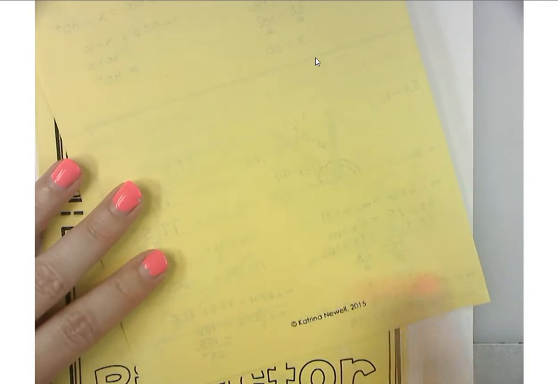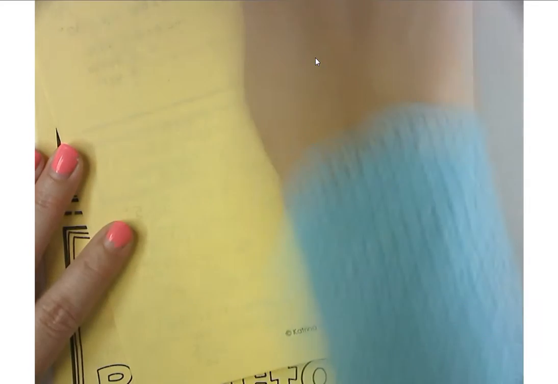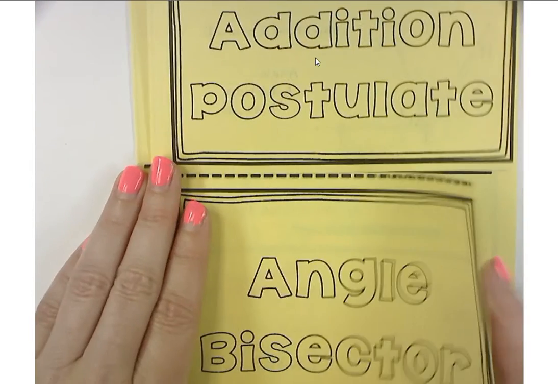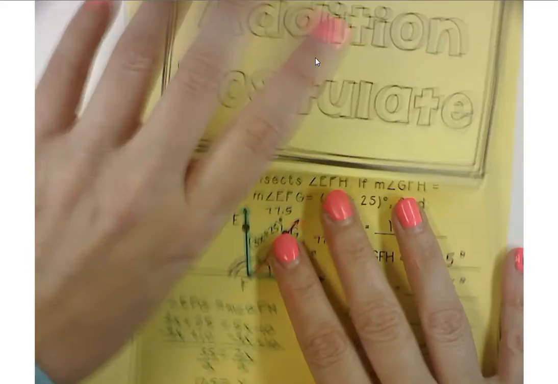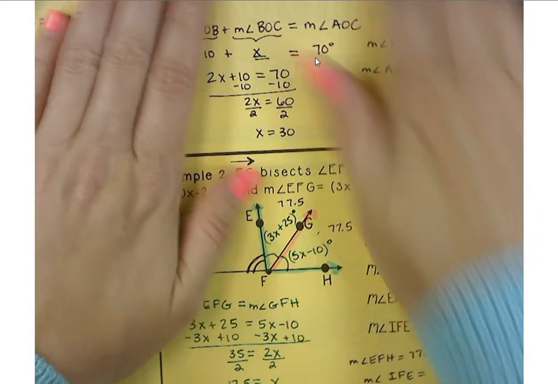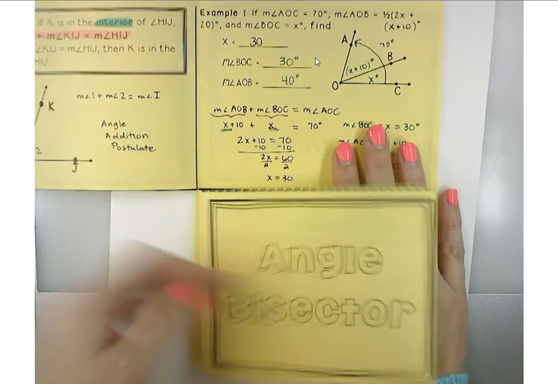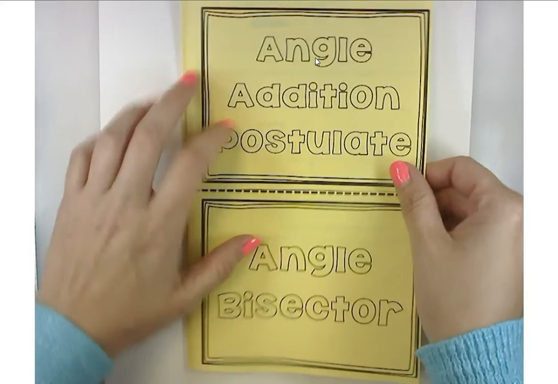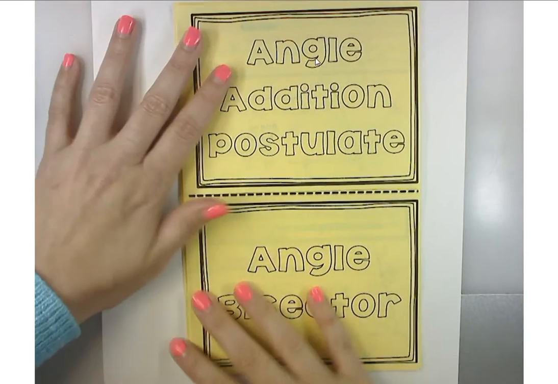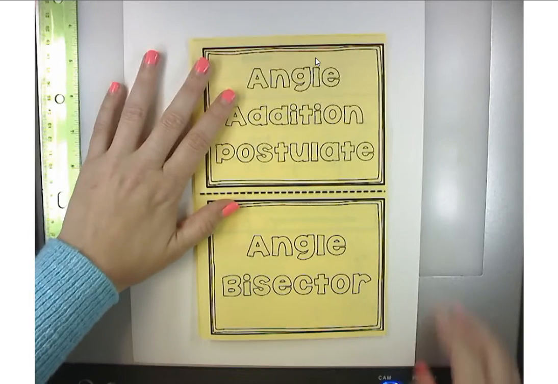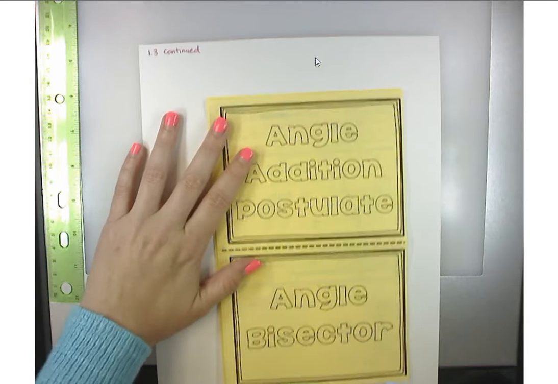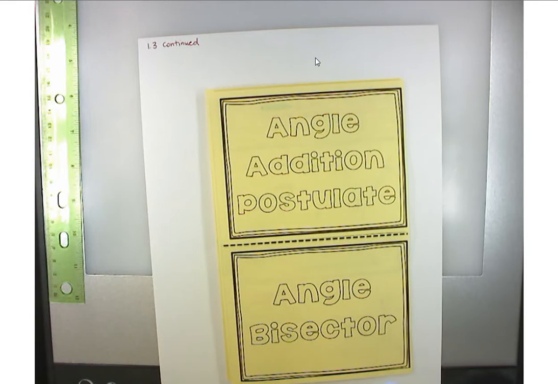And then I usually do a box and then a squiggle there. And then I'm going to just press that down to make sure that's in there. Okay, and then that's your front page for 1.3 continued.